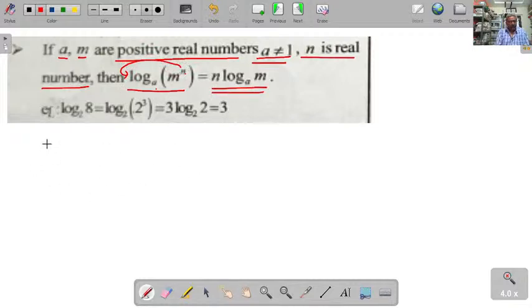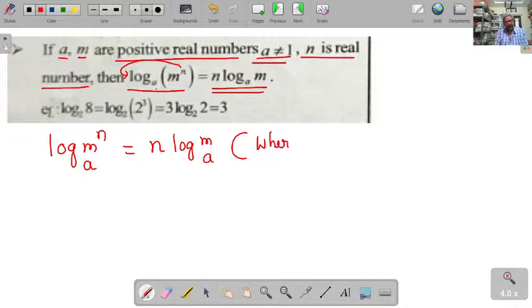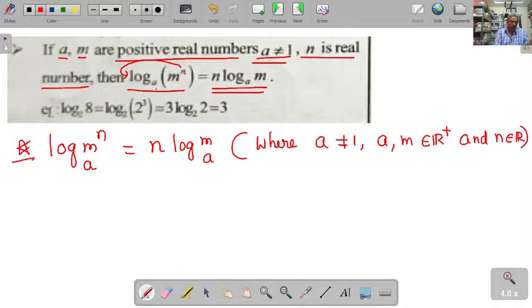Here a does not equal 1, a and m must be positive real numbers, whereas the power n may be any real number, n belongs to R, positive or negative. I hope it's very clear to you.